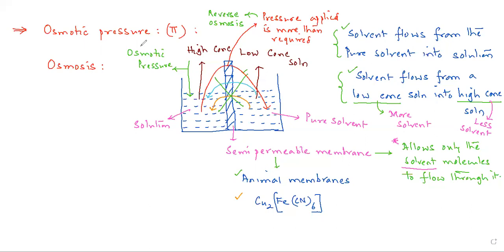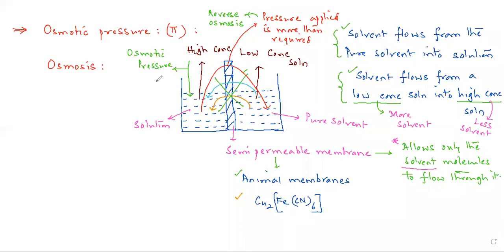See, in reverse osmosis, they generally apply a pressure which is more than required on the solution. Then the solvent flows from the high concentrated one into the low concentrated one.